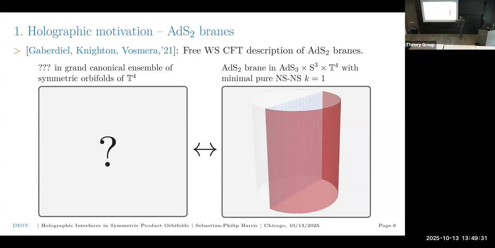Whereas these instantonic branes correspond to taking the trivial gluing automorphism.